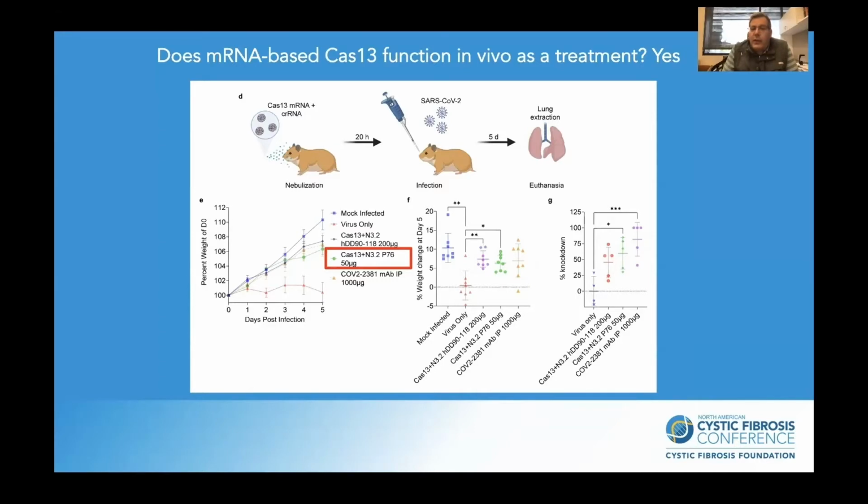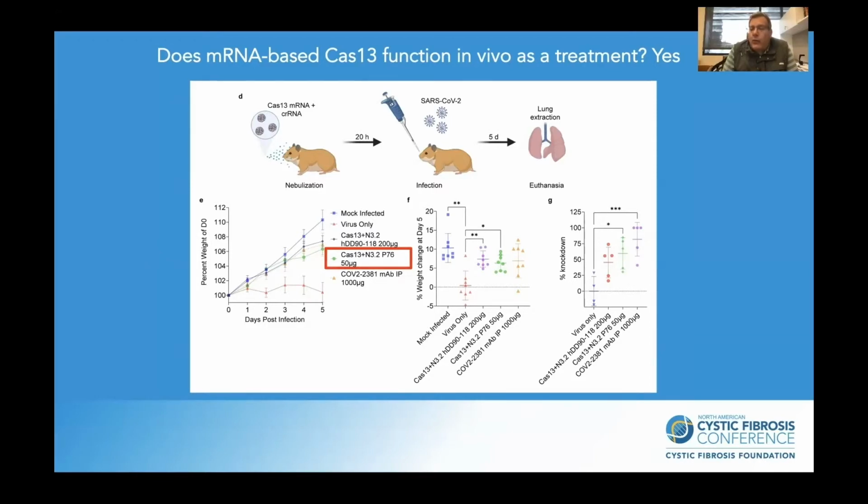And in addition to that, we compared basically any of these results to IP administration. This is antibody 2381 from Jim Crow's lab. I do want to acknowledge Jim for donating the antibody to the cause. But the difference is about 20-fold in terms of the amount of antibody delivered.